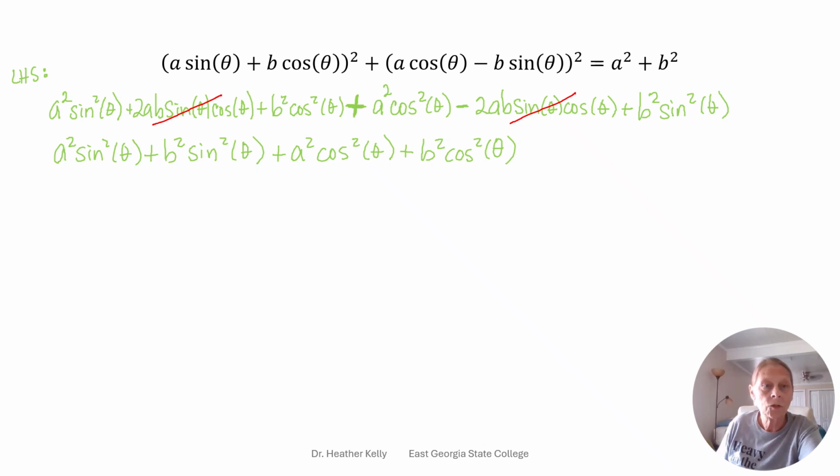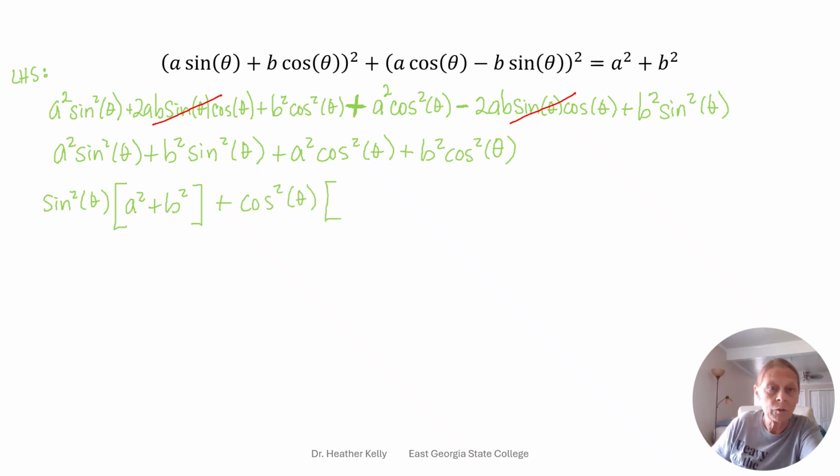Okay. So let's see. I'm going to factor out a sine squared theta out of this side, and that'll leave me with an a squared plus b squared. And then I'm going to factor out a cosine squared theta here, and that's going to leave me with an a squared plus b squared.